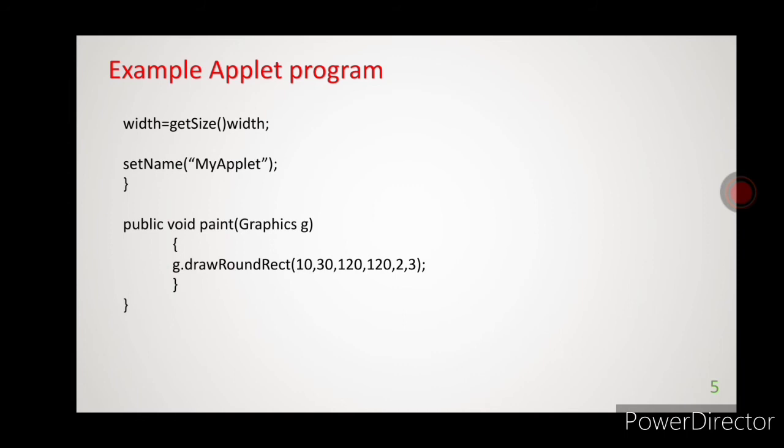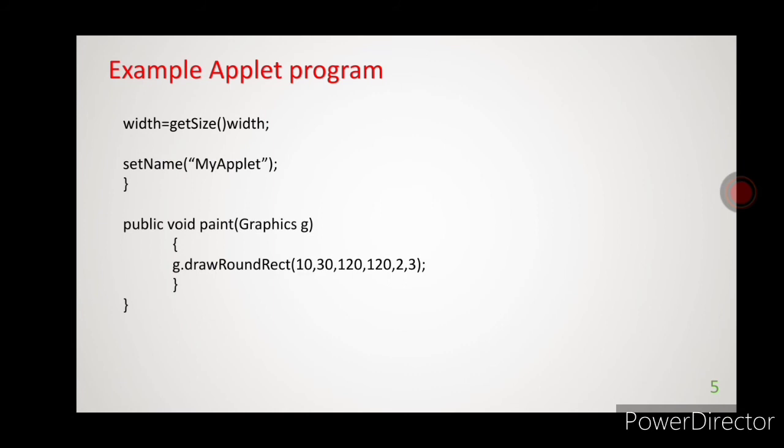For that we will call the paint method, and for that we are passing one parameter, that is Graphics, which will create the graphics environment to draw the rectangle in the applet window. And the small g which we are using now is the object reference for Graphics. Using that object reference we are drawing a rectangle.